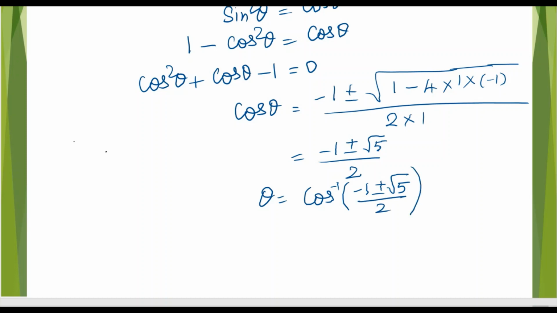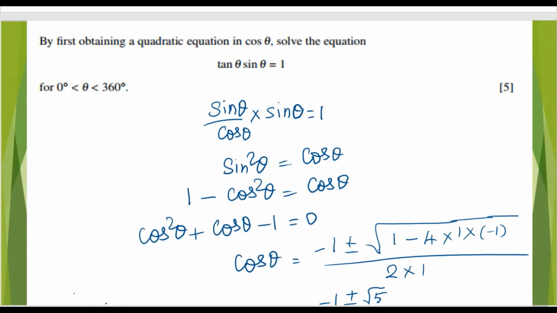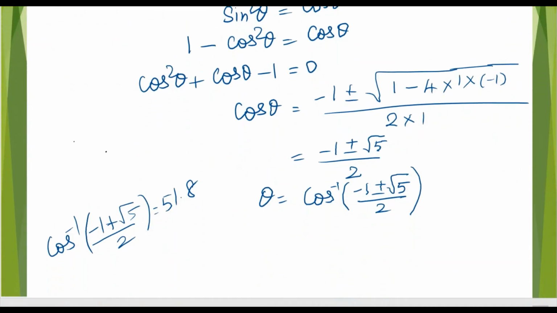Okay. So for this, the possible values are, you will get cos inverse of minus 1 plus square root of 5 over 2 as 51.8. Okay. So here the theta value is given, it's between 0 to 360 degrees.